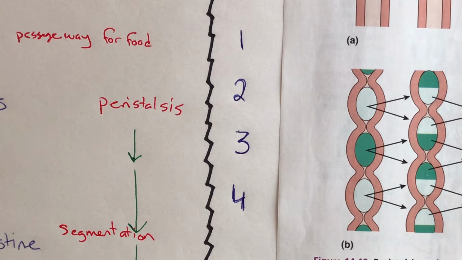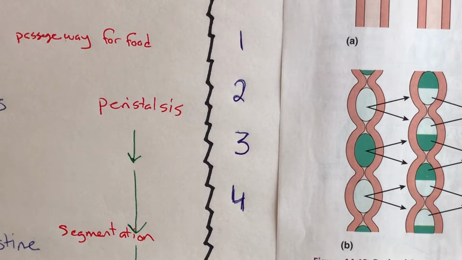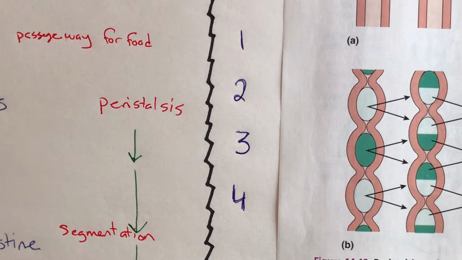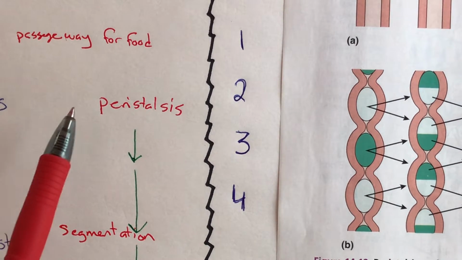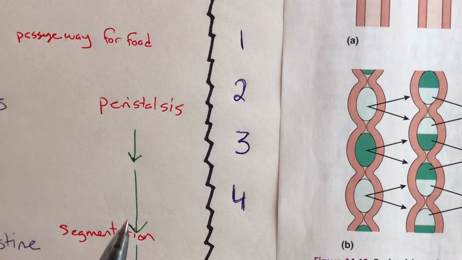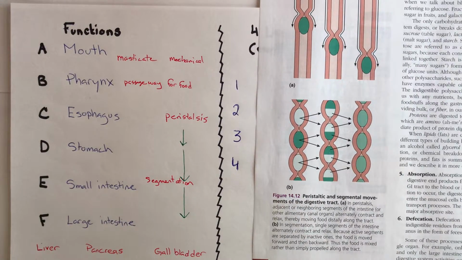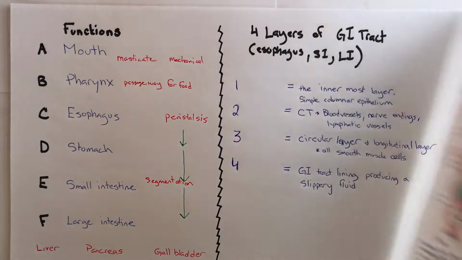So I definitely will need you to know the difference between the two, and know where each of these occur. We have just peristalsis. We have segmentation and peristalsis here, and then finally, in the large intestine, we have just peristalsis. Okay.